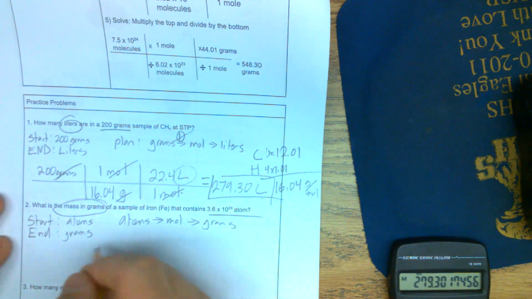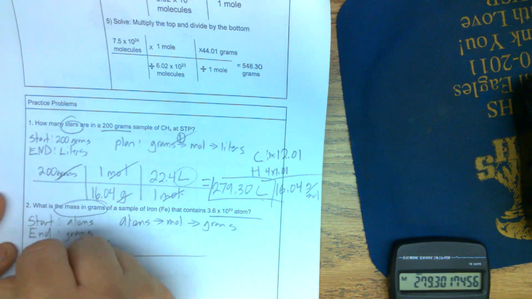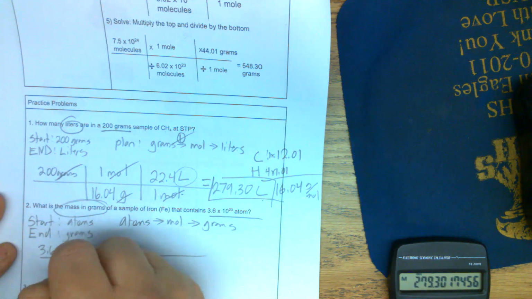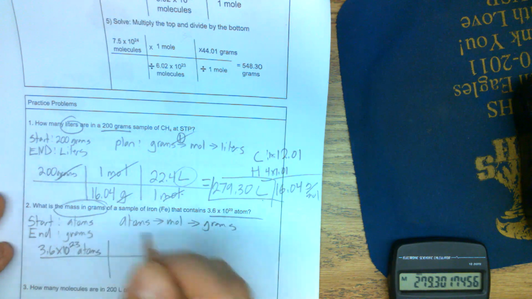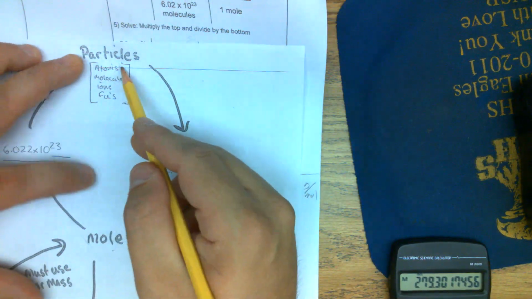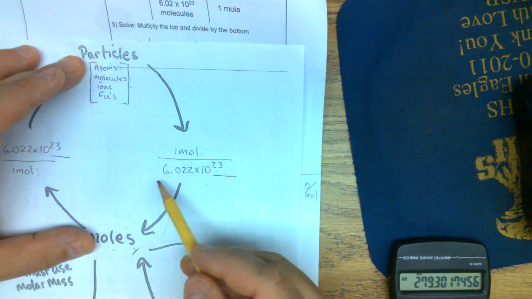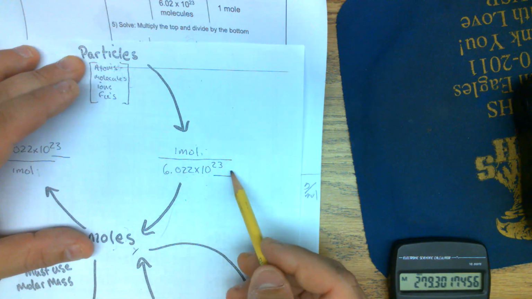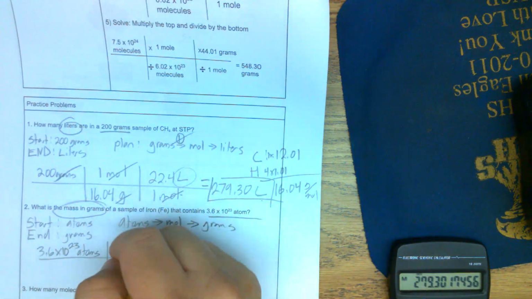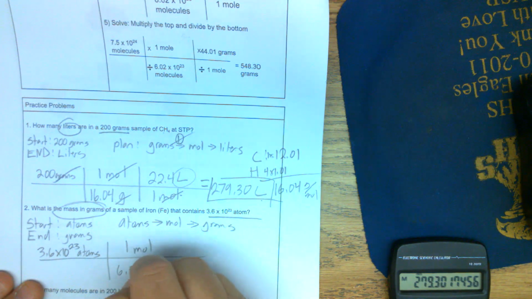So let's do that. We have 3.6 times 10 to the 23rd atoms. We're going to go from atoms to moles using Avogadro's number: 1 mole on the top, and 6.02 times 10 to the 23rd atoms on the bottom.